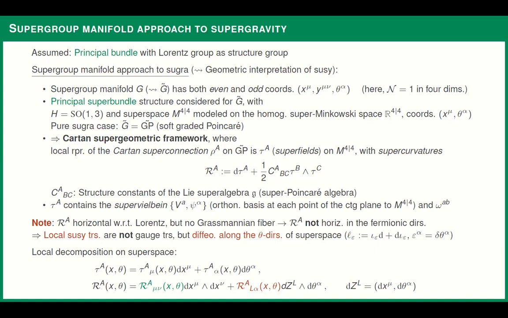Gauge transformations are diffeomorphisms in gravity. So what is the difference between a gauge transformation and a diffeomorphism along the theta direction? For gauge transformations, one could think of extracting the gauge part of the supersymmetry transformation.